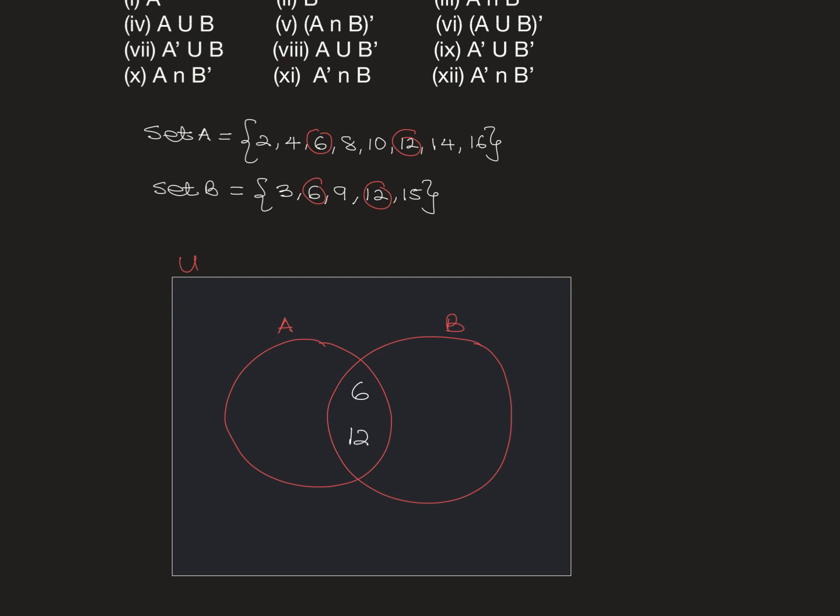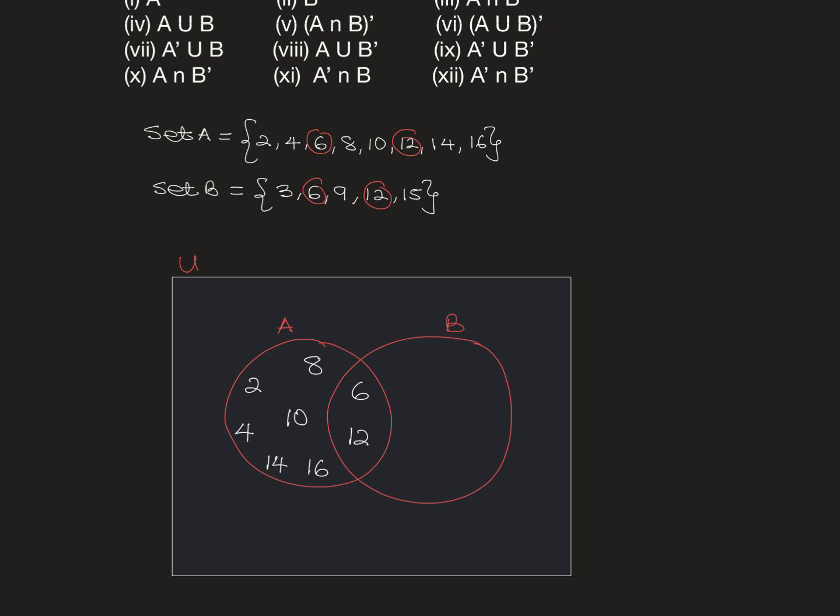So the remaining for set A is 2, then 4, 6 is there, then 8, then 10, 12, so 14 and 16. So we make a quick control: 2, 4, 6, 8, 10, 12, 14, and 16.